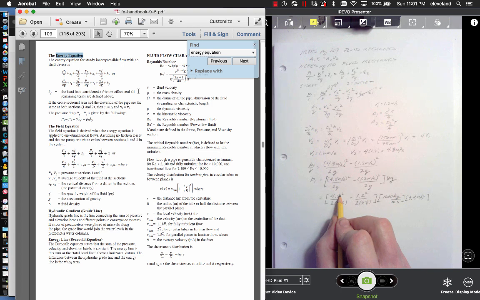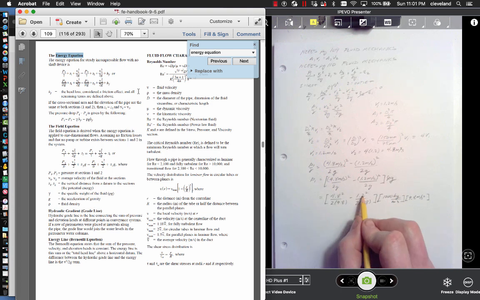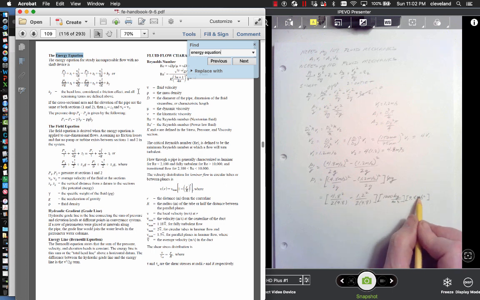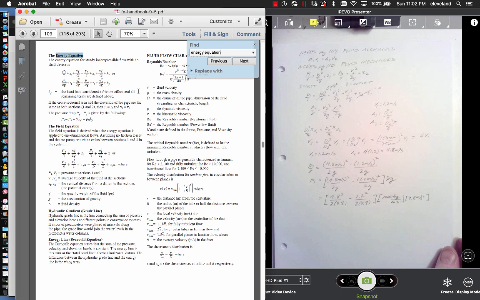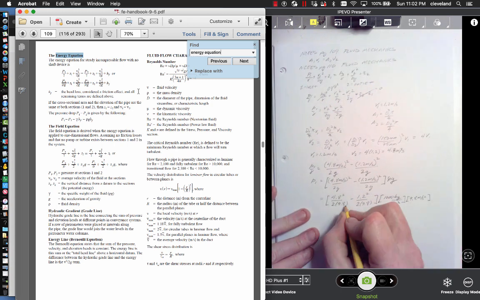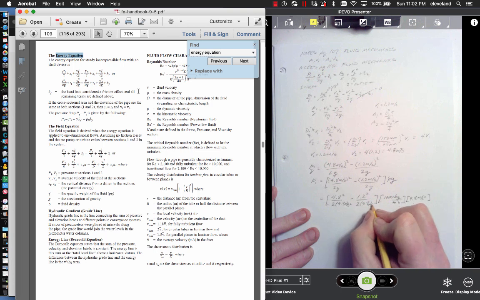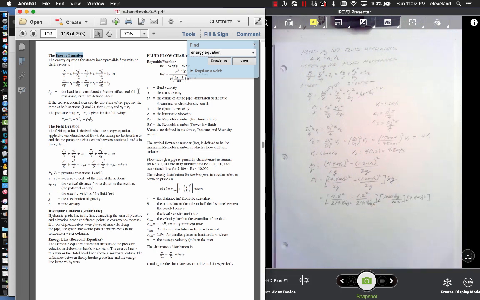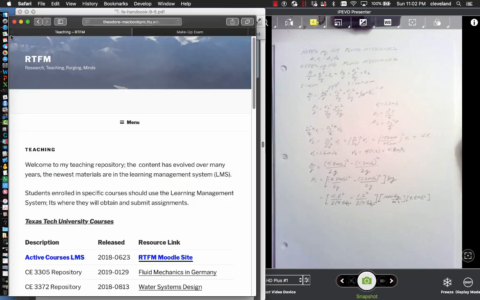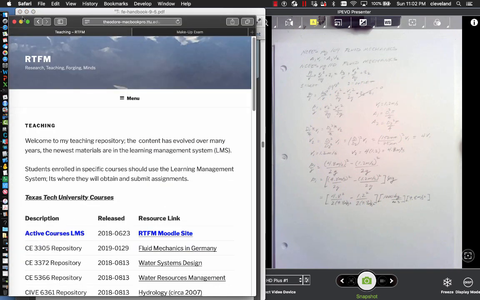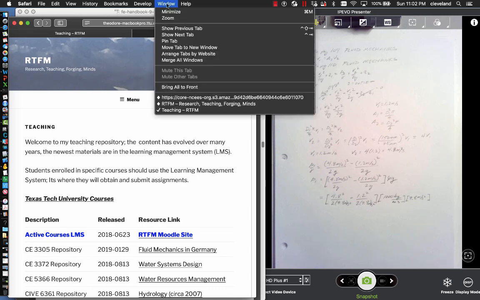And so that'll be meters squared per second squared. Yeah, the units are going to work out, which is what I was concerned about. And so let's return to our problem. That's not what I wanted.